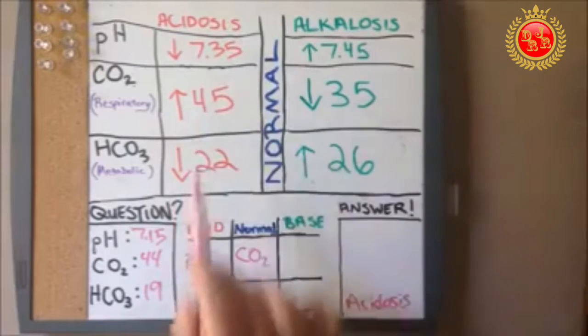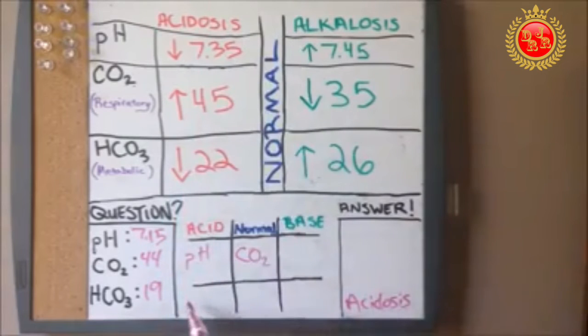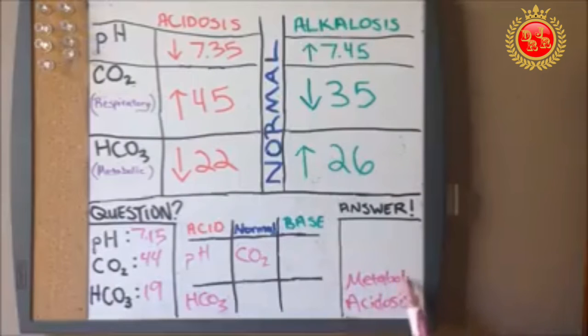Therefore, it's in the acid column, so let's write it down here in the acid column. And now, because we know HCO3 is in the same column as pH, that means that HCO3 is the problem causing the pH problem. And since HCO3 is metabolic, we know what we have is metabolic acidosis.